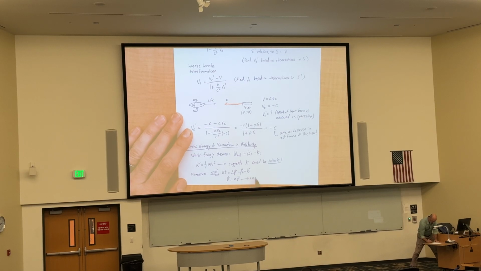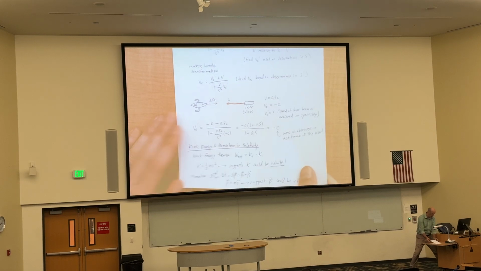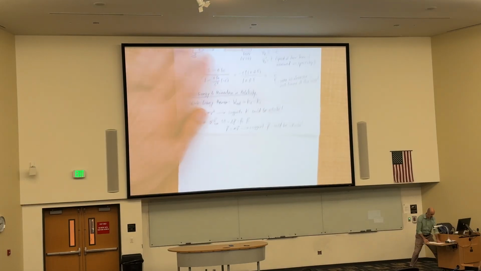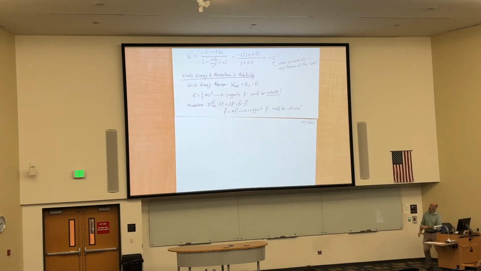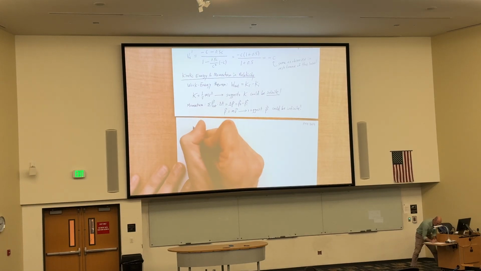This also suggests p could be infinite if we have some infinite velocity. But that is not the case. So we can't just arbitrarily keep increasing the speed or the velocity of an object with mass. And we're going to see that in just a second.